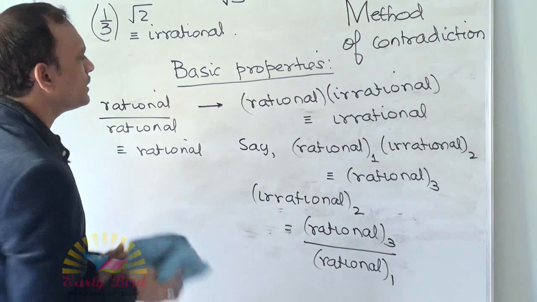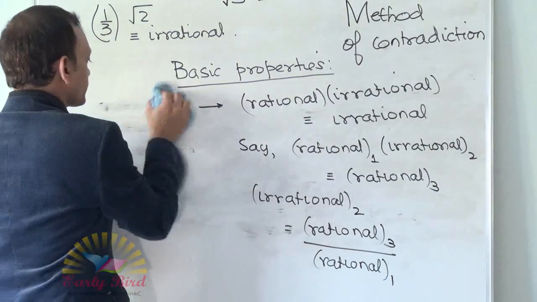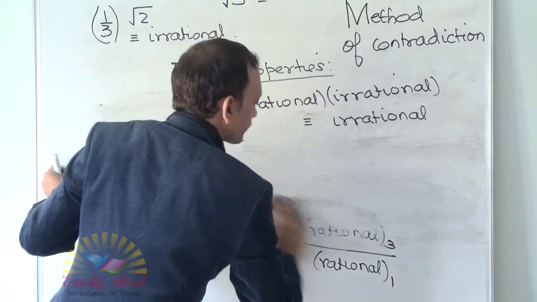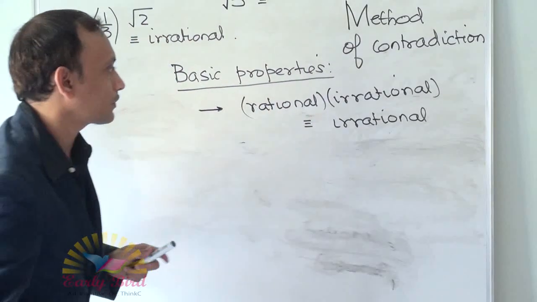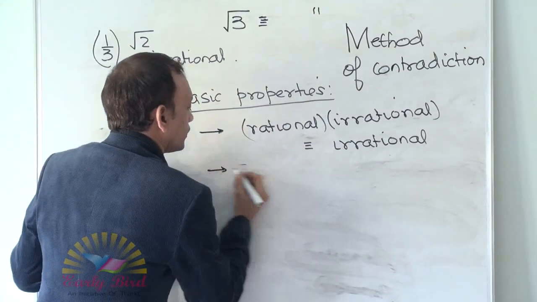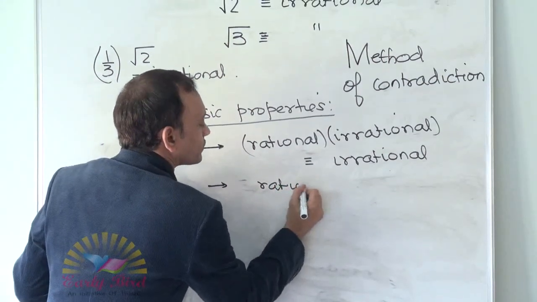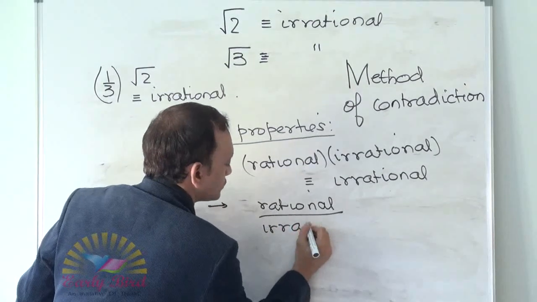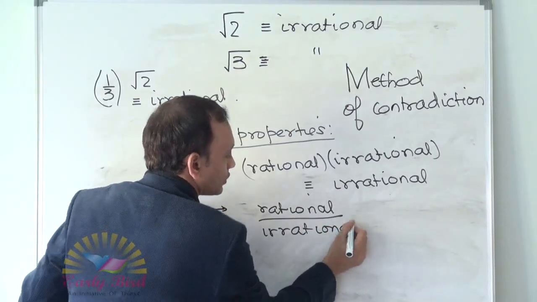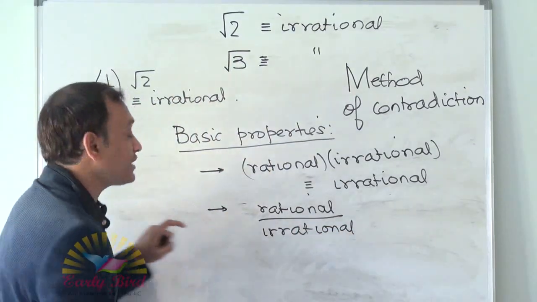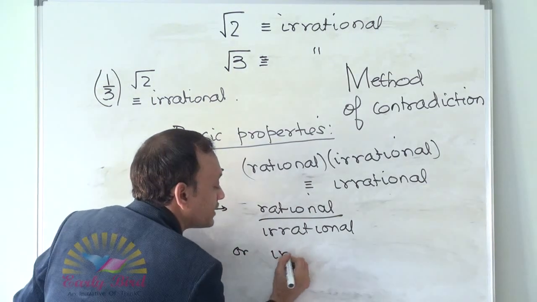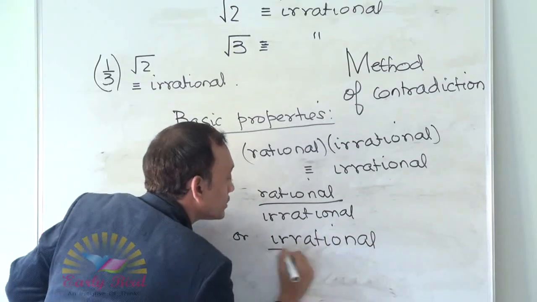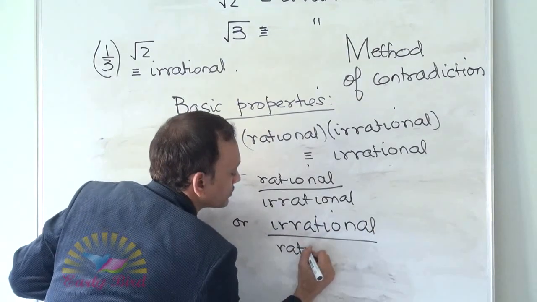Now, let's look at some more properties. In exactly the same way, a rational number divided by an irrational number, or an irrational number divided by a rational number, this I want you to establish yourself.